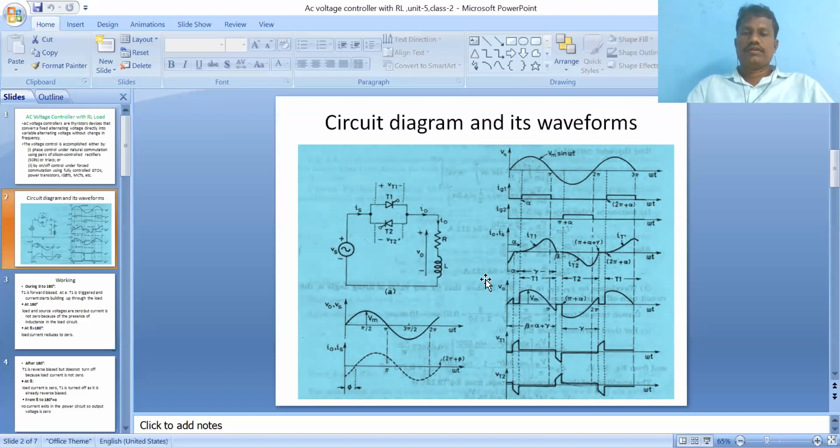That is the difference between R and RL load. Due to the inductive load, whatever energy is stored during the past half cycle is transferred before applying the second firing pulse to the second thyristor. That is what happens here.